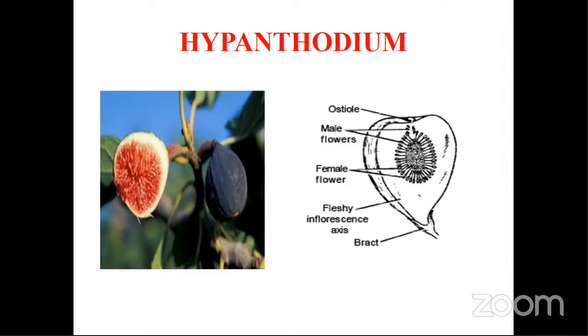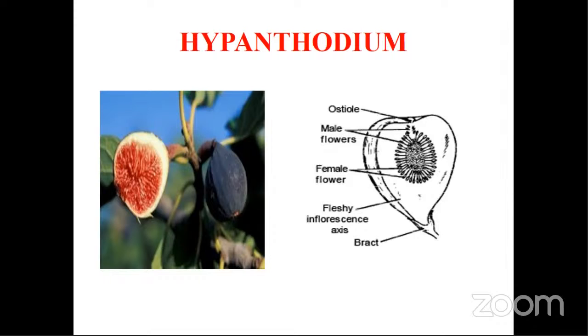called venation. Monocots have parallel venation, dicots have reticulate venation, and we saw the mode of arrangement of flowers on the peduncle is called inflorescence. We saw the racemose type of inflorescence. In racemose inflorescence, the peduncle grows indefinitely, producing flowers in acropetal succession.